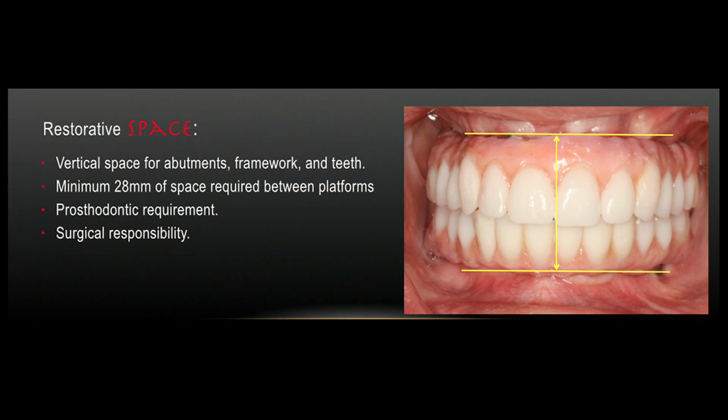The next S that you have to consider, as we talked about, is the matter of space. And what we're talking about is the vertical space needed for the abutments, the framework, the acrylic involved, and the teeth that the prosthodontist or your restorative colleague will have to place on your implants. And what we know from them is that they require at least 14 to 16 millimeters of space per arch.